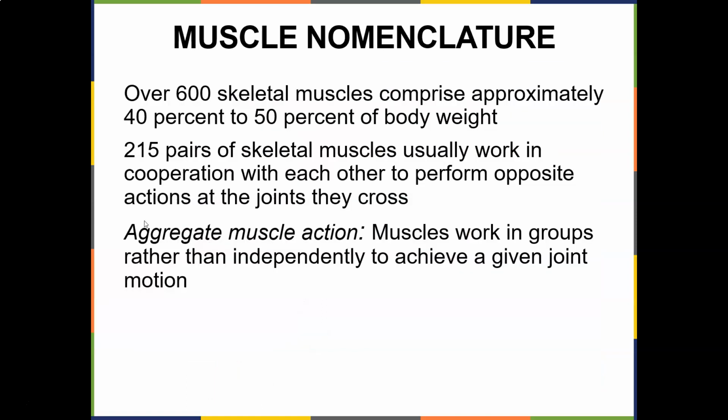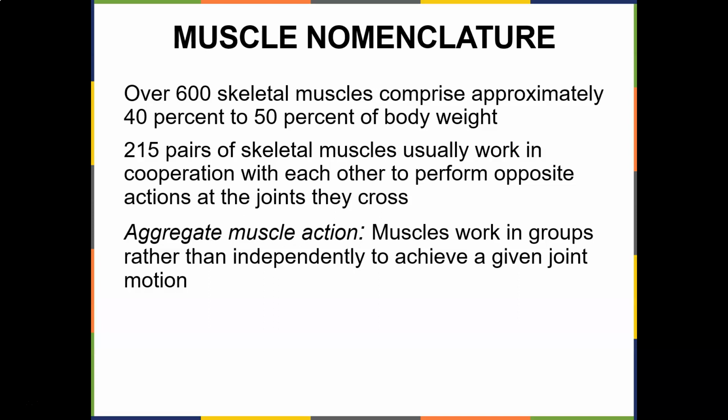So there's over 600 skeletal muscles that comprise approximately 40 to 50% of the body weight. 215 pairs of skeletal muscles usually work in cooperation with each other to perform opposite actions at the joints they cross. Aggregate muscle action means muscles work in groups rather than independently to achieve a given joint motion.